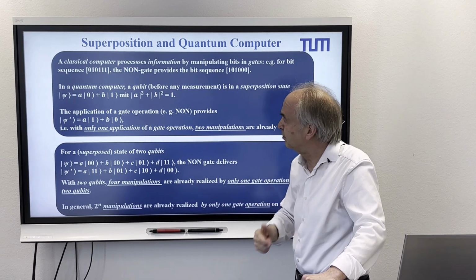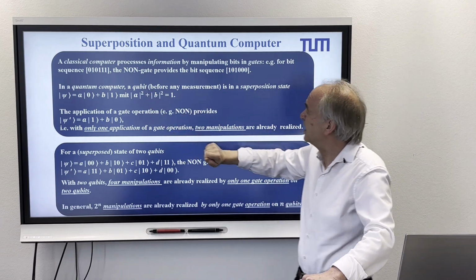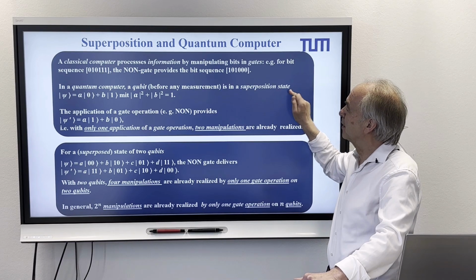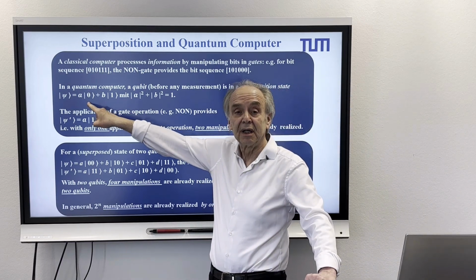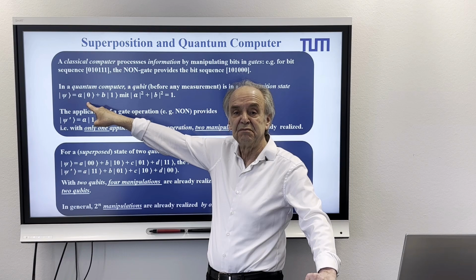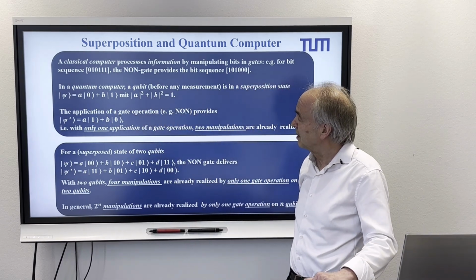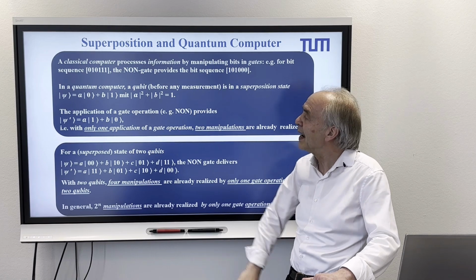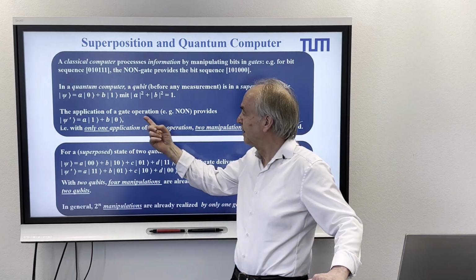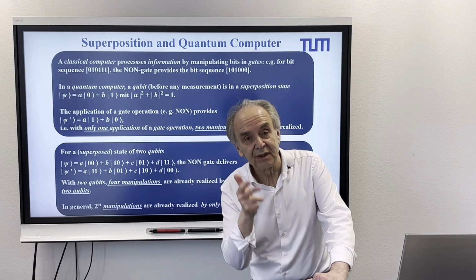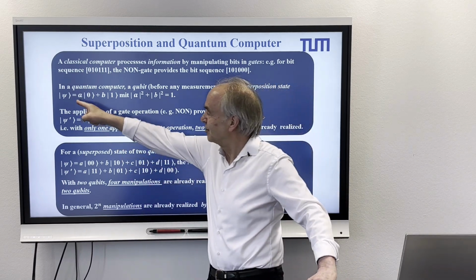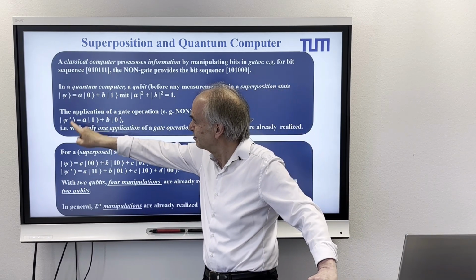Now, in a quantum computer, a quantum bit is in a superposition state. Remember our state vector, psi. And here with the probability distribution. And now you apply the gate operation, the NOT gate, to this superposition, giving psi prime.